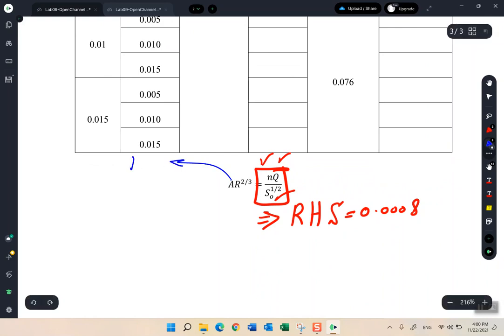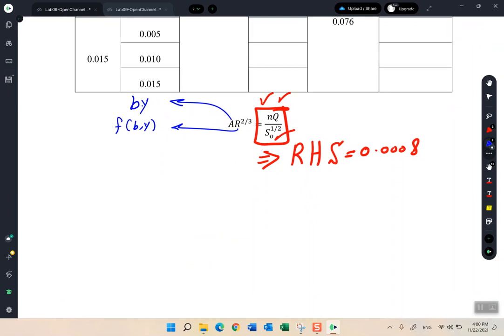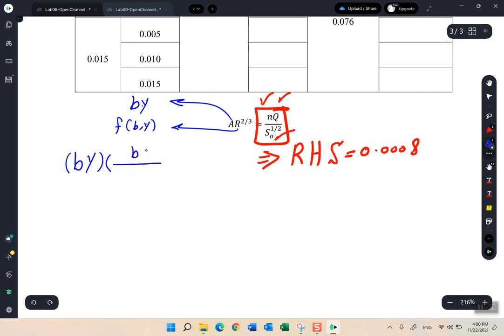I have already said that the area equals B multiplied by y, and also the R is a function of y and B. So to simplify the left-hand side, we can write it in this form: B y multiplied by B y divided by B plus 2y, and don't forget the power. Easy?